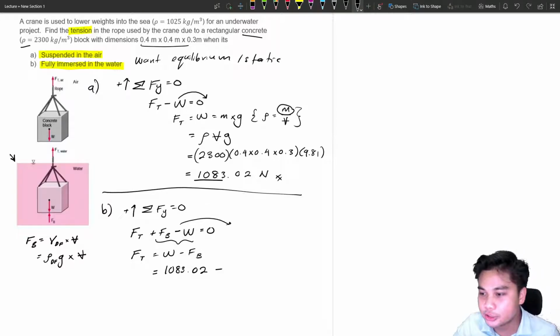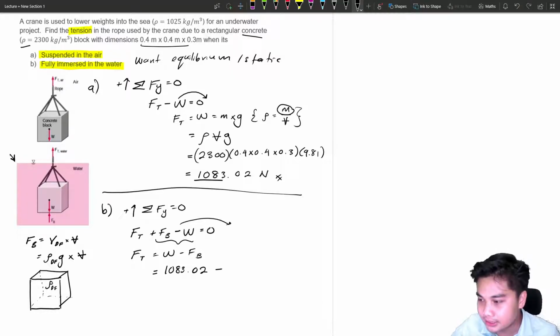Once you consider this block immersed into the water, that means we have to consider the displaced water. We have the block immersed into the water, so we definitely also have the displaced water, having the same volume but different density.